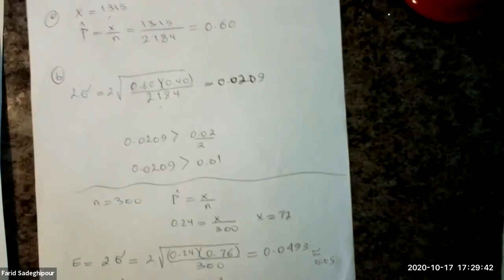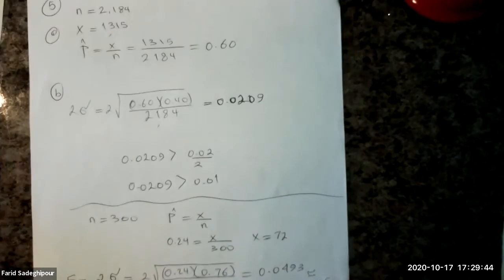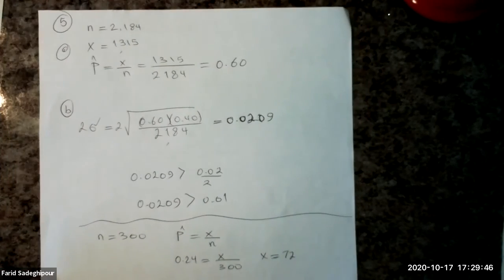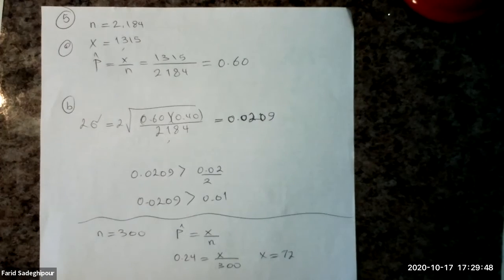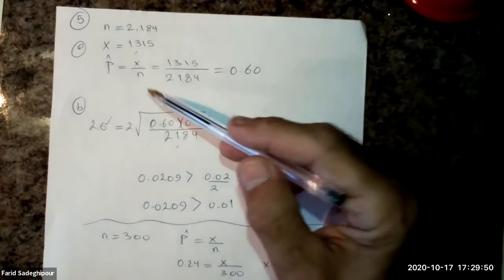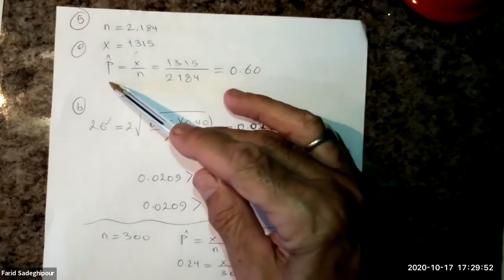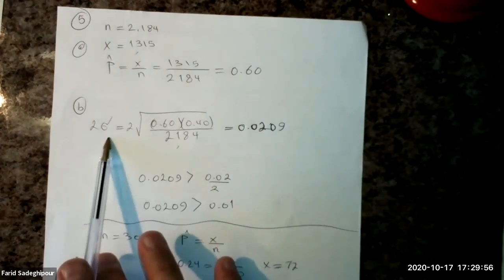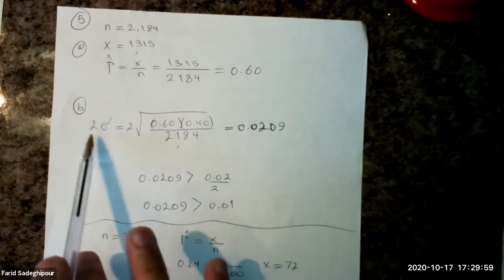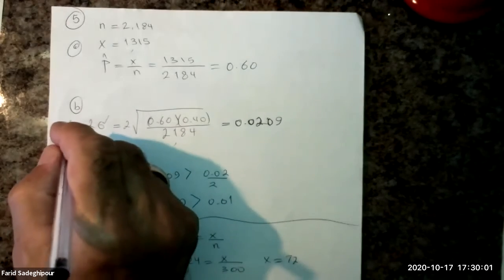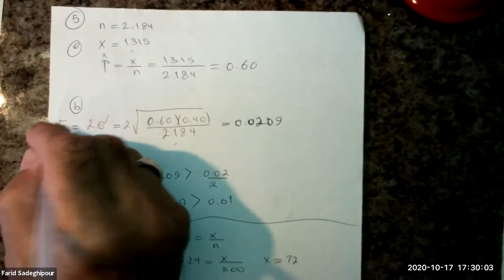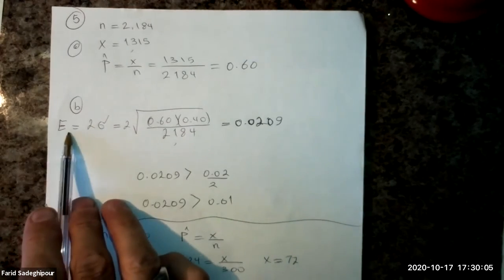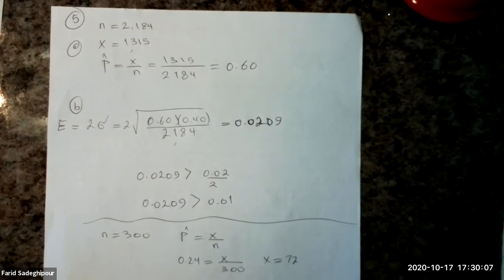Okay, and I think these examples just follow that. I also did problems number 5 and 6 here for you. Again, they are all very similar. You find the P hat first, which is the proportion of the sample, X over N. Then you find the standard deviation and multiply by 2. That gives you E, the margin of error. E, the margin of error, is 2 times the standard deviation.